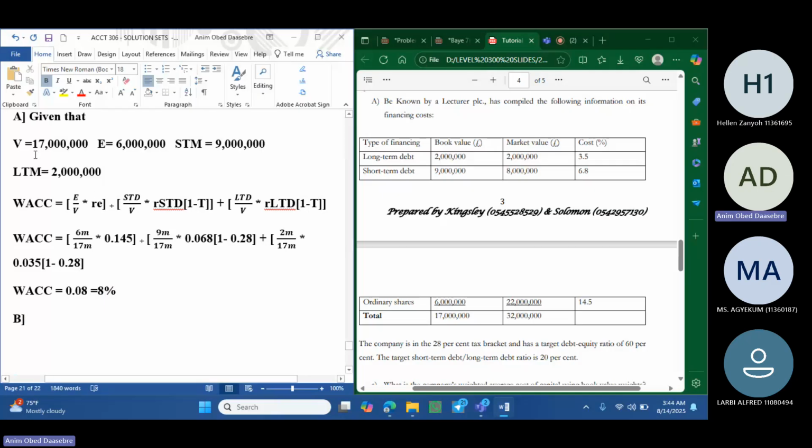That would be what? The A. So using the market value, the value for the market value is what? 32,000. Equity is also 22,000.